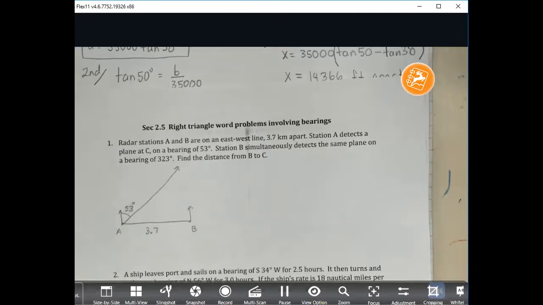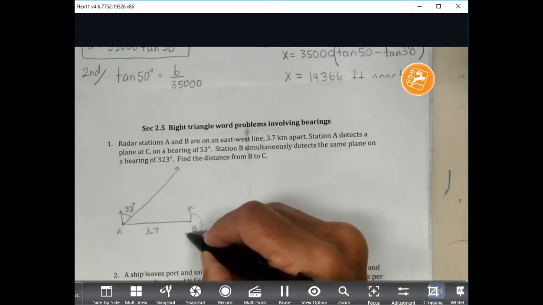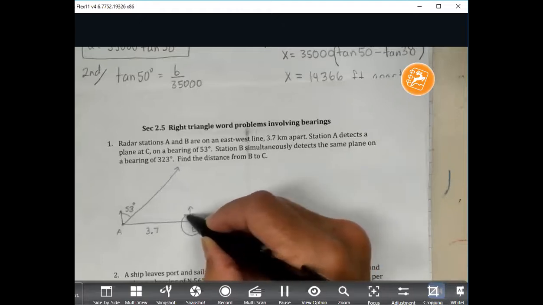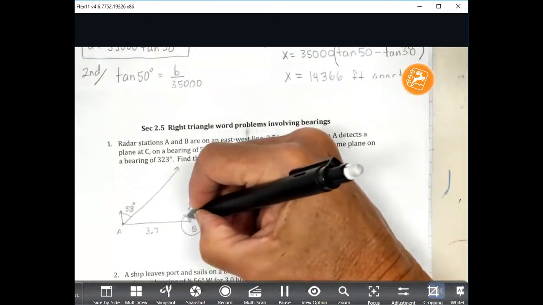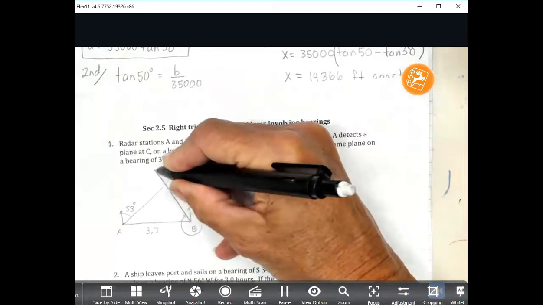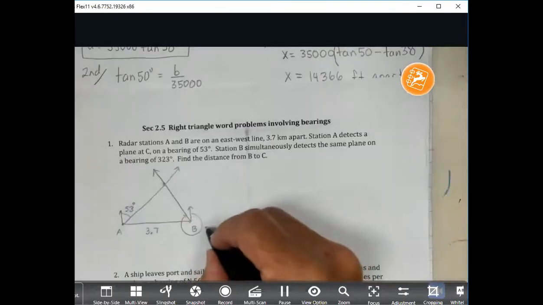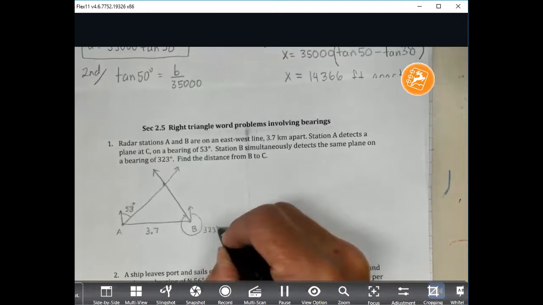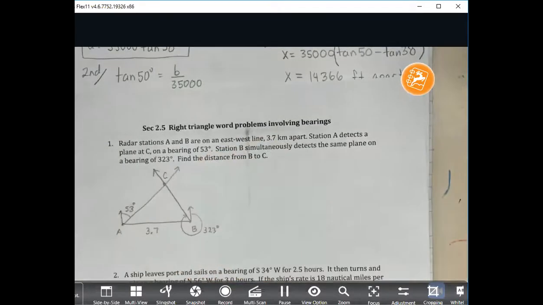So go almost all the way around, but stop when you're 37 degrees short of 360. Maybe to about right there, and then we draw a ray here. So this big circular angle is 323 degrees. And then here's point C right there.